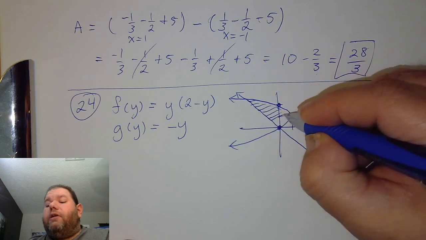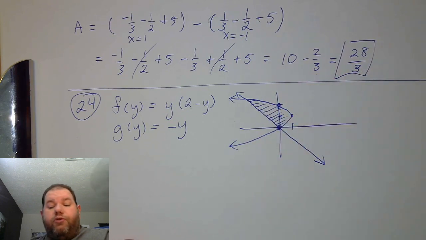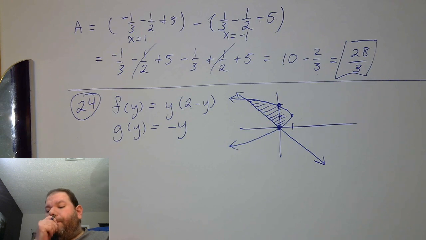And now we can identify the shaded region that we're trying to find the area of. Now, again, this time we haven't been given limits of integration like we were in the last problem. So we need to set the two functions equal to each other in order to solve for these limits of integration.